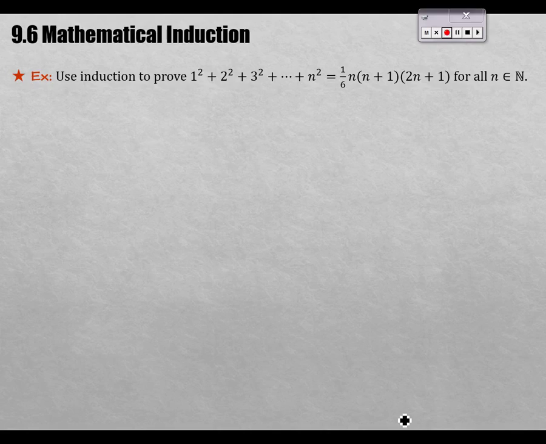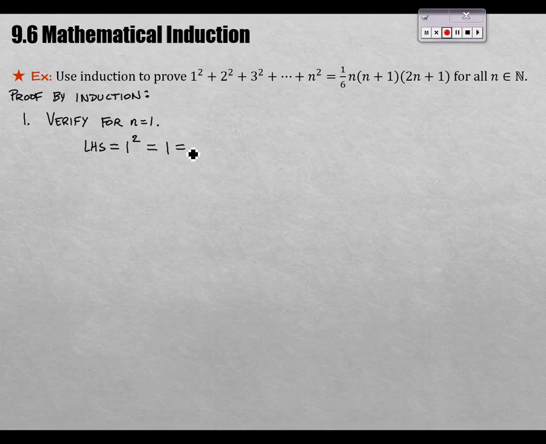All right, so actually the very first step is a little more complicated, but not too bad. The left-hand side is 1 squared, which is equal to 1.